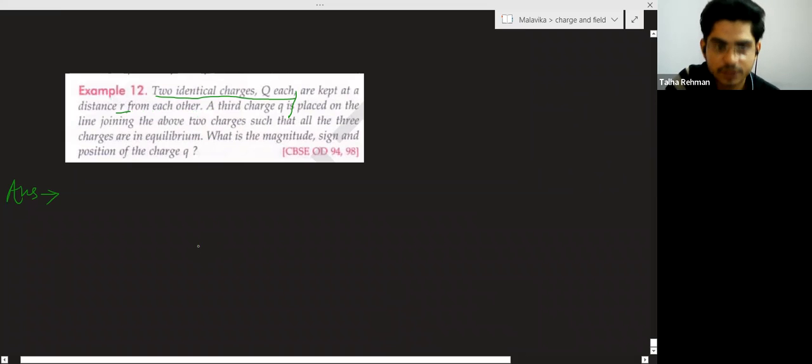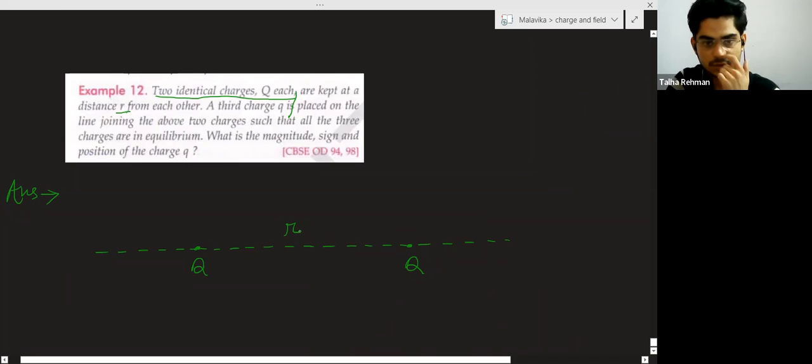So first, there are two charges and this is the line joining the two charges, charge Q, and the distance between the two charges is R. They are saying a third charge Q is placed on the line joining the above two charges such that all three charges are in equilibrium. All three charges. See here.